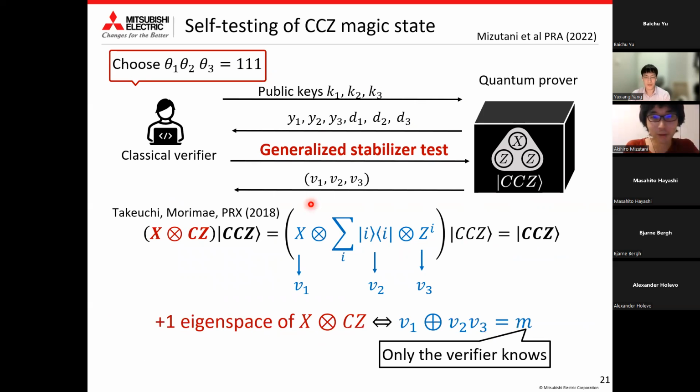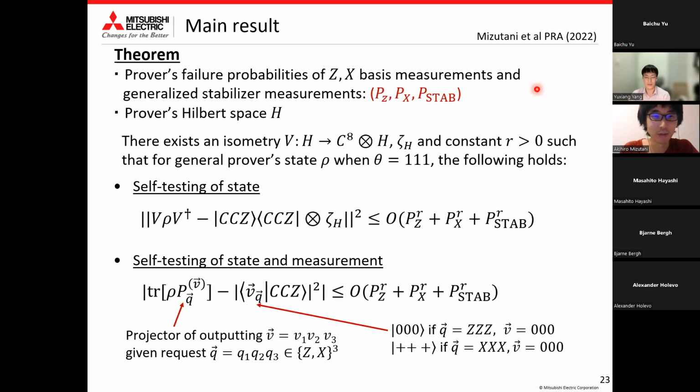In the protocol description, I assume that the prover is honest, but this result holds for any quantum polynomial time prover. So you don't really have to assume that. Okay, great.